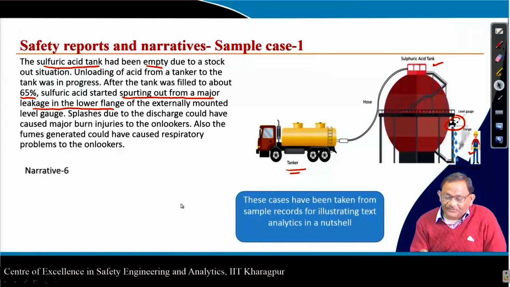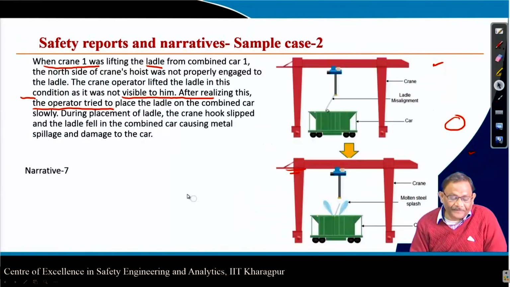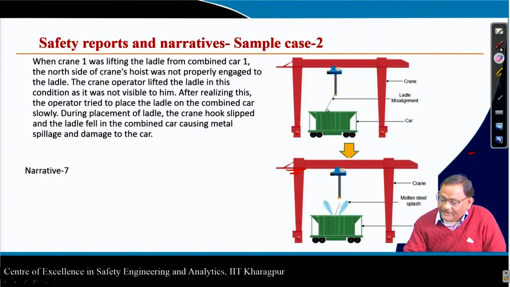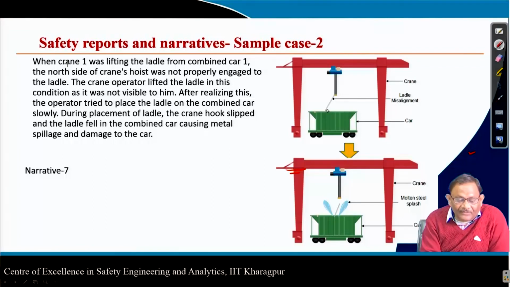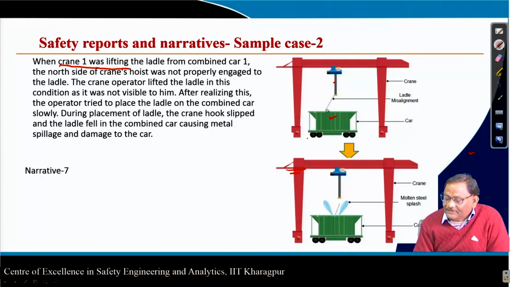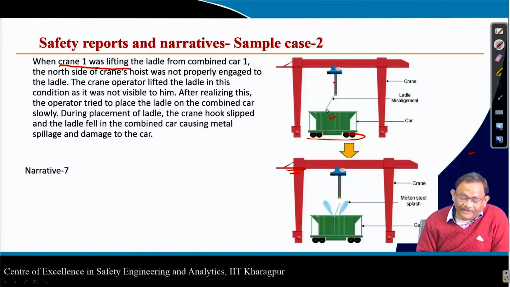So this we are defining as sample case 1. Sample case 2 is related to hot metal transfer, crane lifting. Here what we are trying to tell you is that crane number 1 is lifting a ladle from a combined car. So ladle, crane, this is the combined car. From here the crane is lifting the ladle.